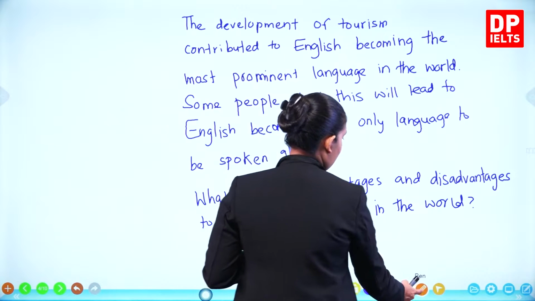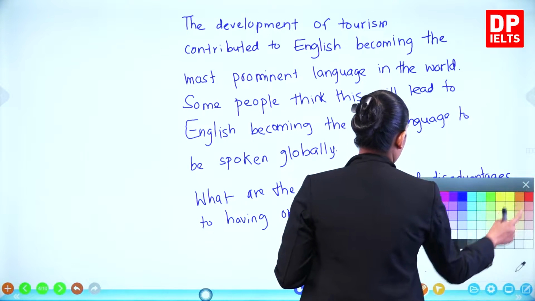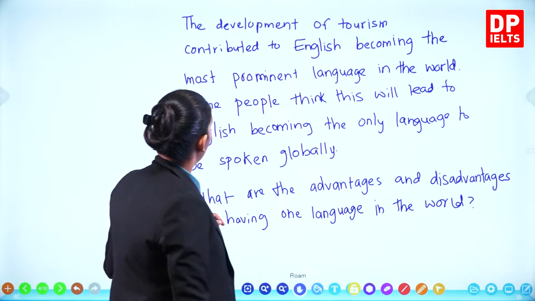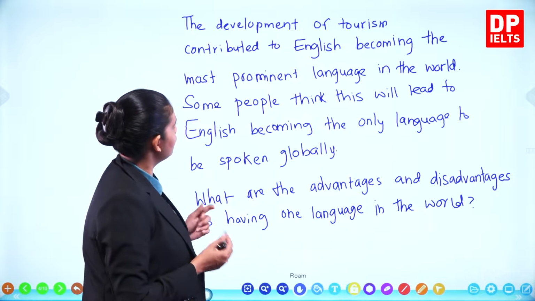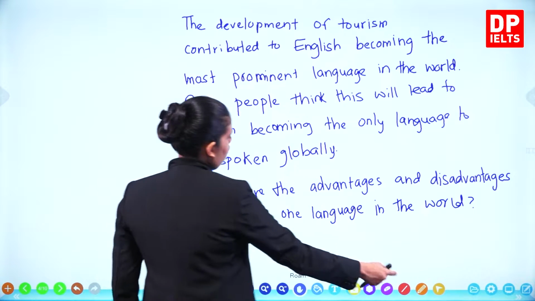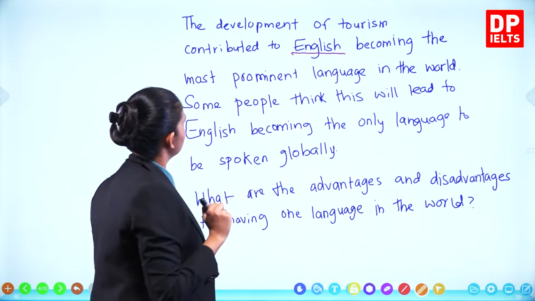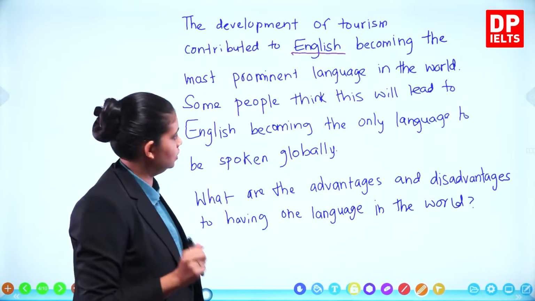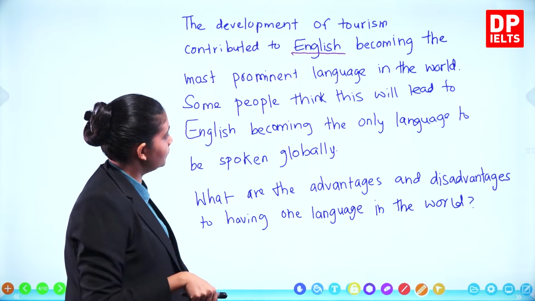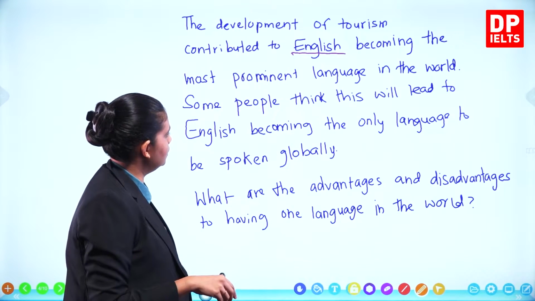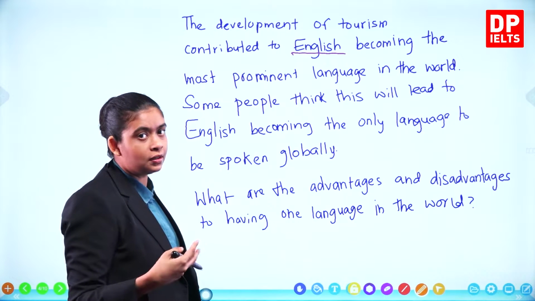So here, let's analyze our question, right? Now, the development of tourism contributed to English, which is the language, becoming the most prominent language in the world. So, some people think that this will lead to what?